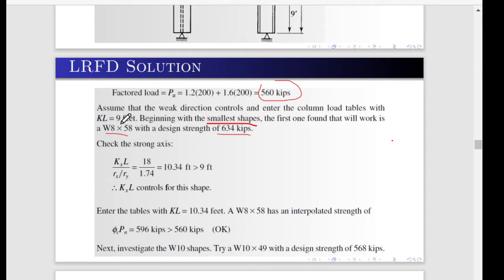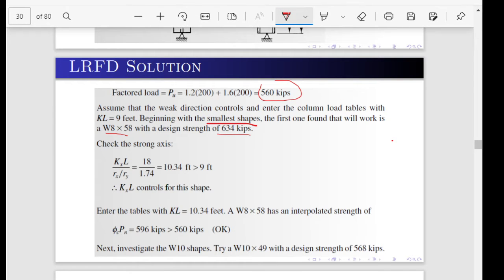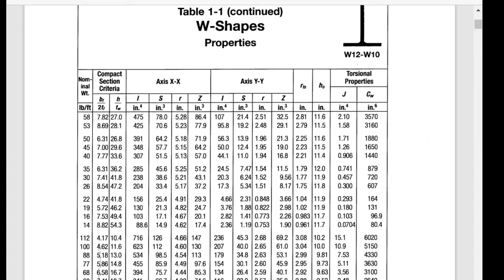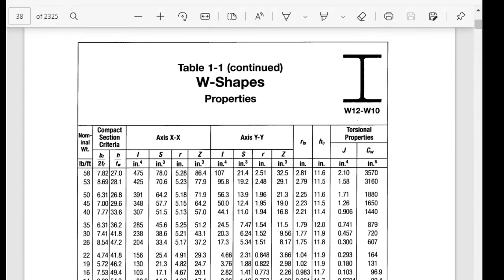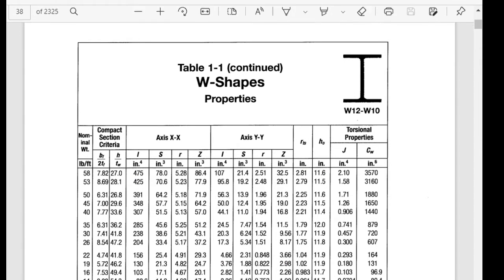We look at whether for this W8 by 58, its KL is greater than or equal to the 9 feet that we assumed earlier. So we have to determine the values of r sub x and r sub y, the radius of gyration. Let's look at Table 1-1.